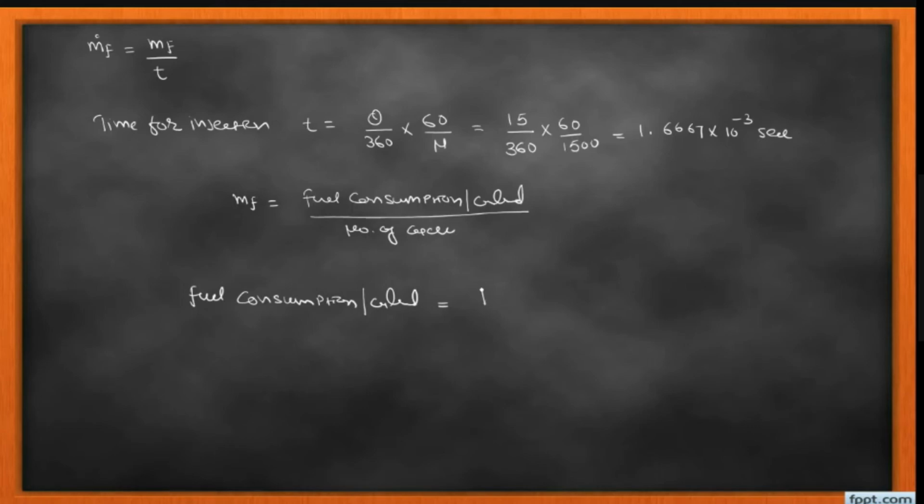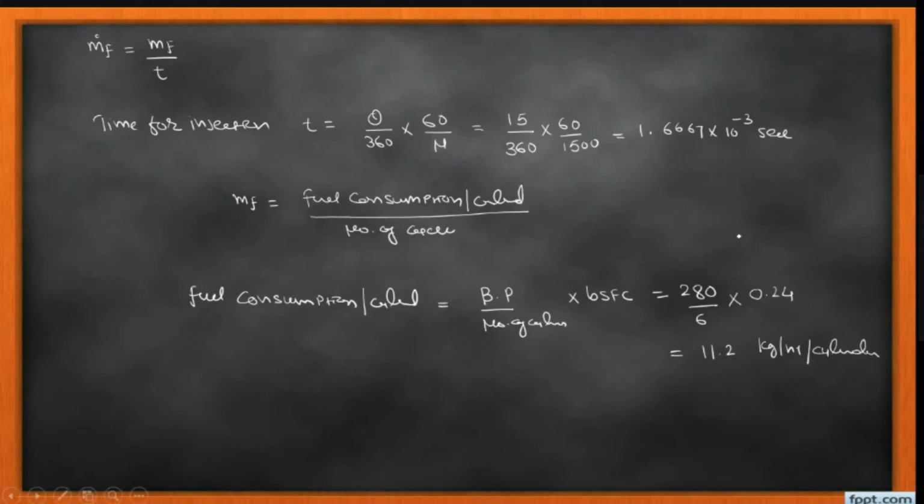So brake power divided by the number of cylinders, multiplied by BSFC. The brake power is 280 kilowatt, the cylinders are 6, so this is the power generated from a single cylinder, multiplied with the fuel consumption, which is given as 2.4 kg per kWh. So we get 11.2, and the unit is kg per hour per cylinder.